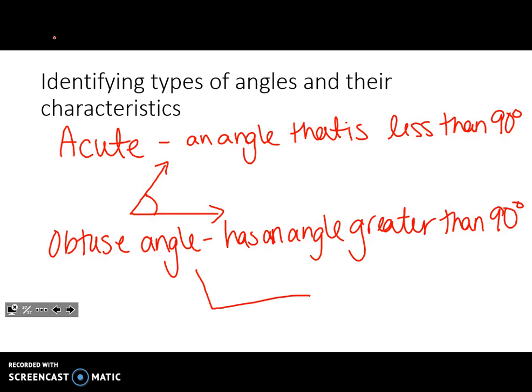So it might look something like this, where it's bigger than that 90-degree angle measurement that we saw back when we did Pythagorean theorem, okay? So an obtuse angle is greater than 90, and an acute angle is less than 90. You should be able to look at different angles and quickly state whether it's an acute angle or an obtuse angle simply by looking at it.